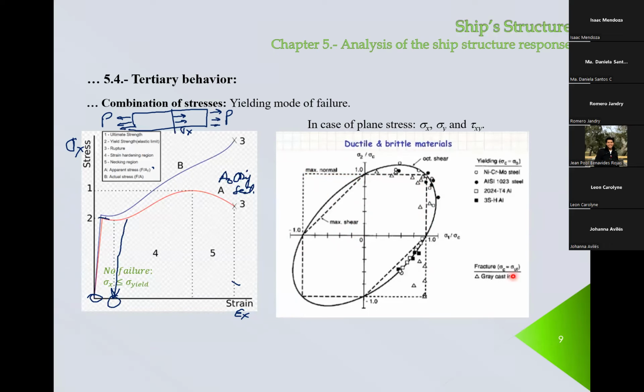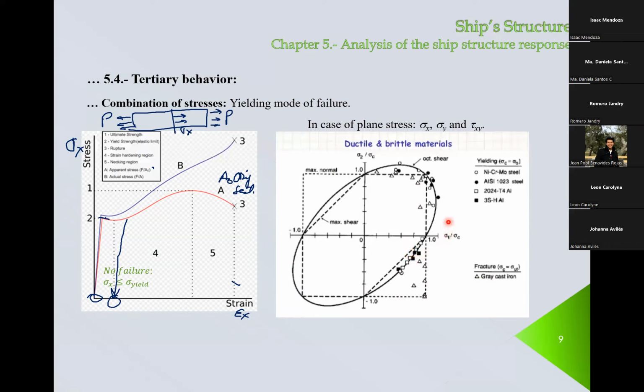You see that for this type of material, in this case gray cast iron, that's a brittle material, you can reach this value here, this little triangle, and you still have no failure. So for this type of material, brittle material, this theory of failure, maximum normal stress theory, is adequate.